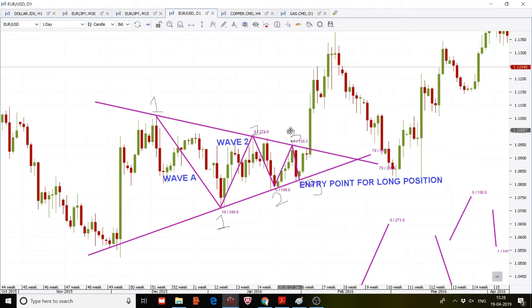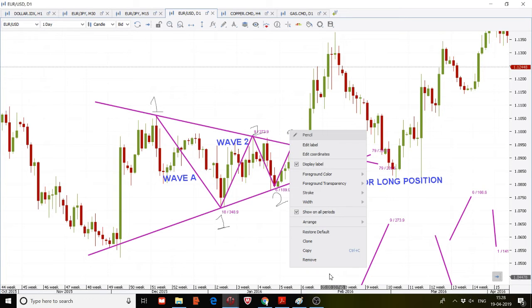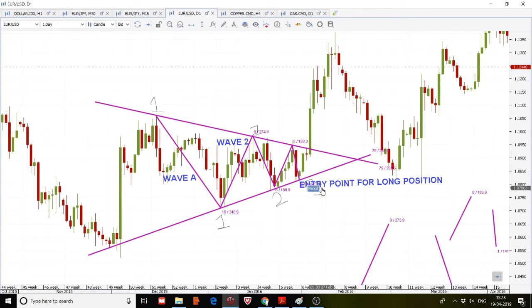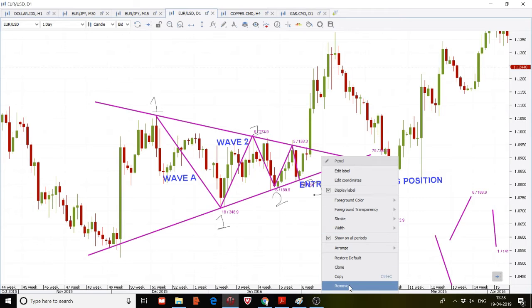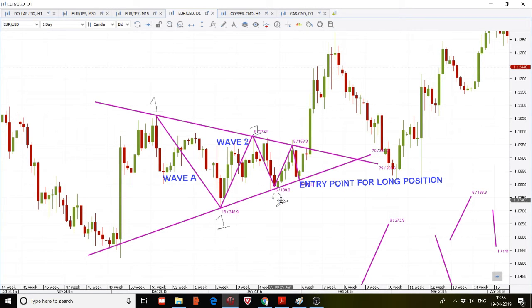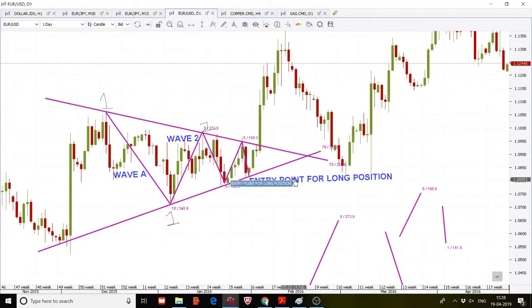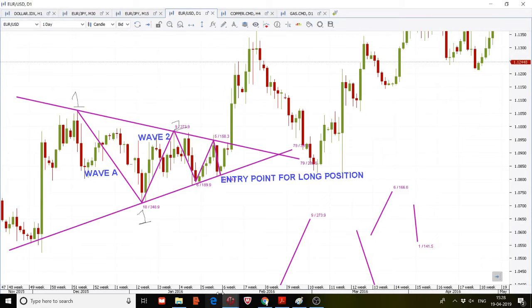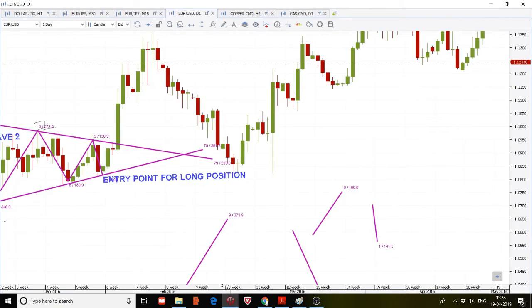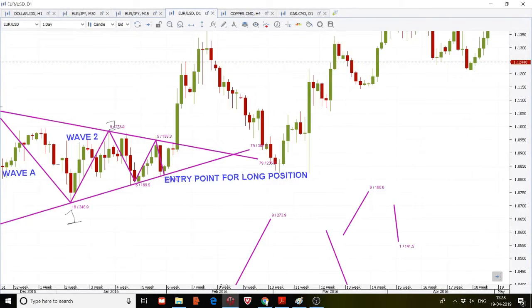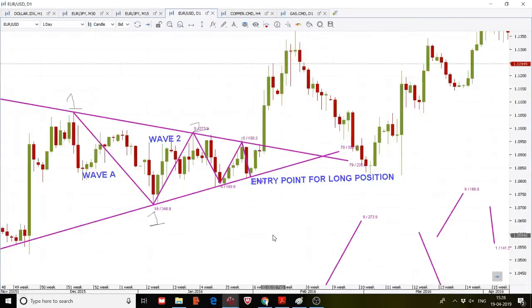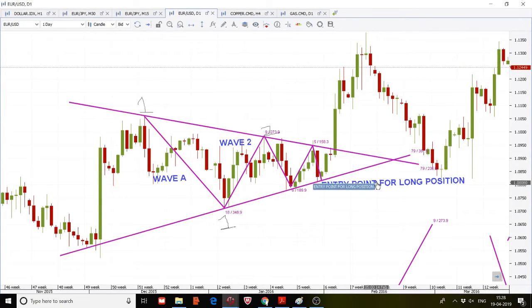So I will remove this marking, and the stop loss will be here.